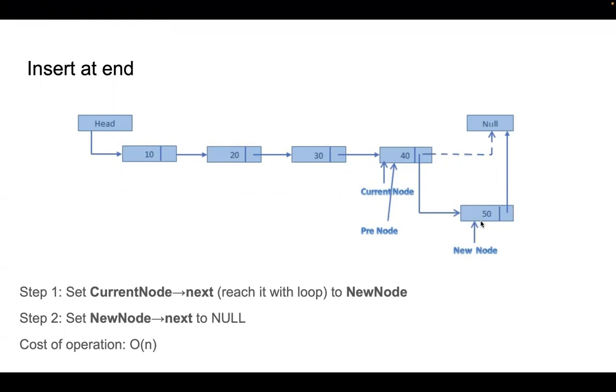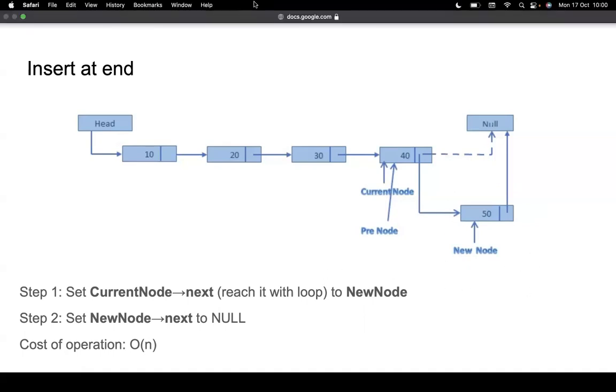So how do we define it to be the last? We have to set new node's next to null, so that when we reach this node, and when we reach the next node, it's a null, so that we can say that, hey, 50, the new node, is the last node, okay? So initially, current node is the last node, it points to the null, but then we update this current node to the new node, and then we set this new node's next PTR to the null, so as to define this to be the last element, okay?